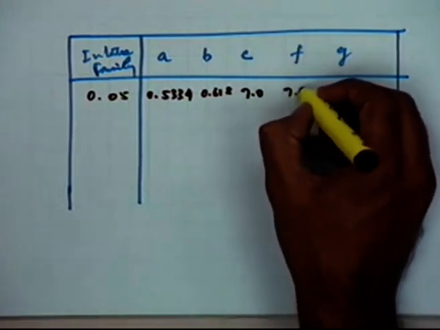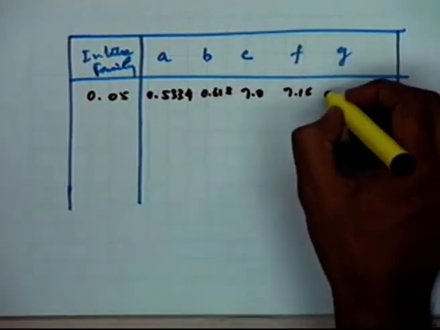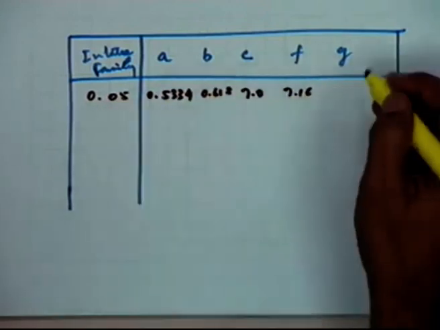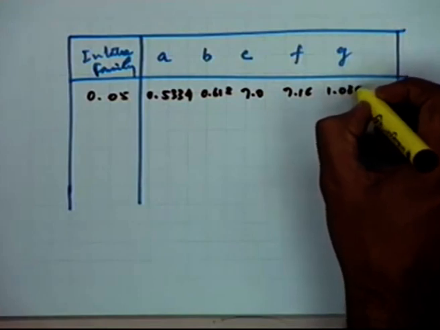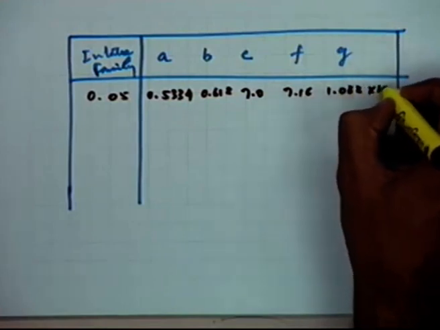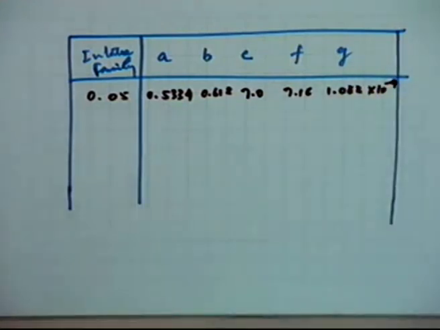The F value is 7.16 for this intake family, and the G value is 1.088 times 10 to the power minus 4.